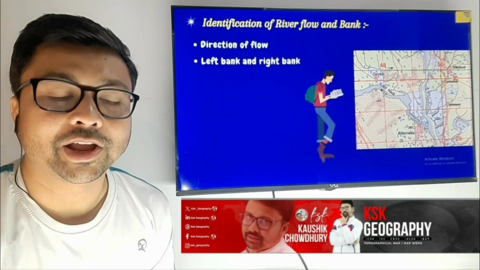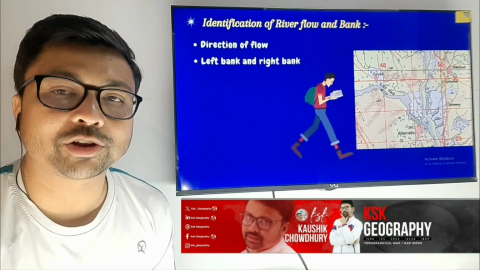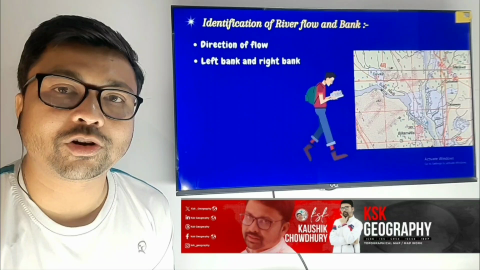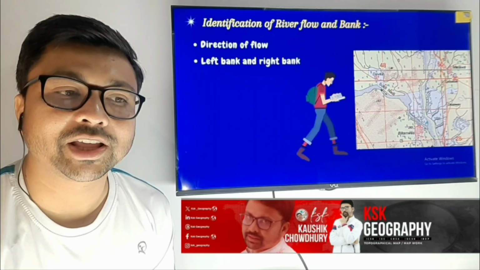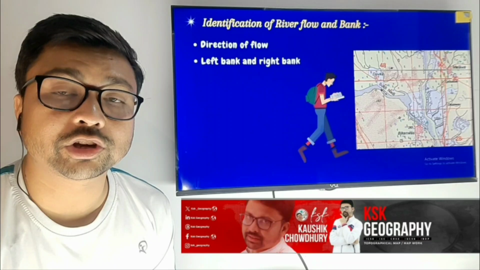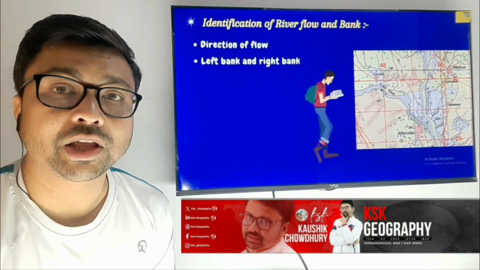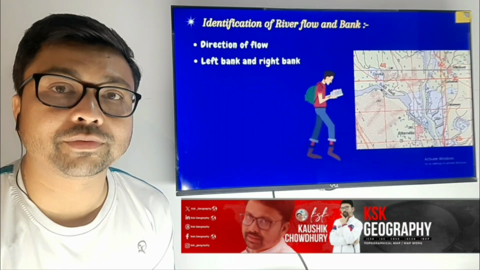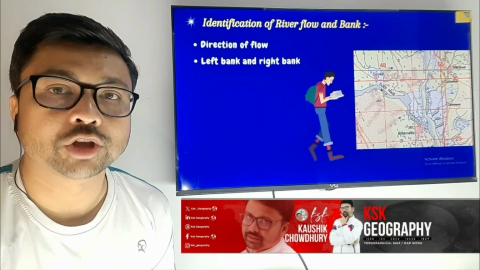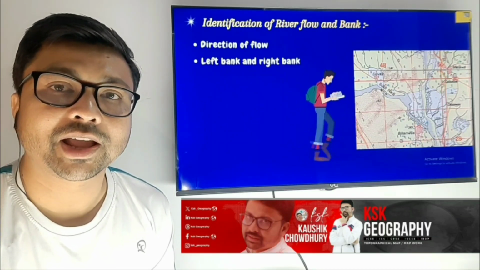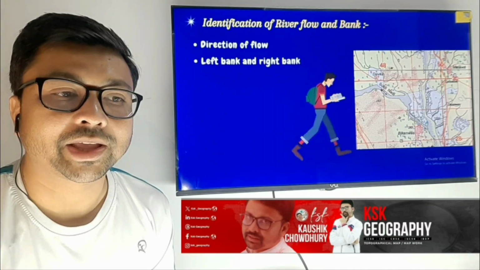Next important thing, the river bank. Don't worry, what do you need to know? First of all, you need to know the river flow direction. Once you get the river flow direction, what do you have to do? You need to imagine you are standing on the river, walking towards the flow of the river. If you are walking towards the flow of the river, your right hand side is the right bank, and left hand side is the left bank.